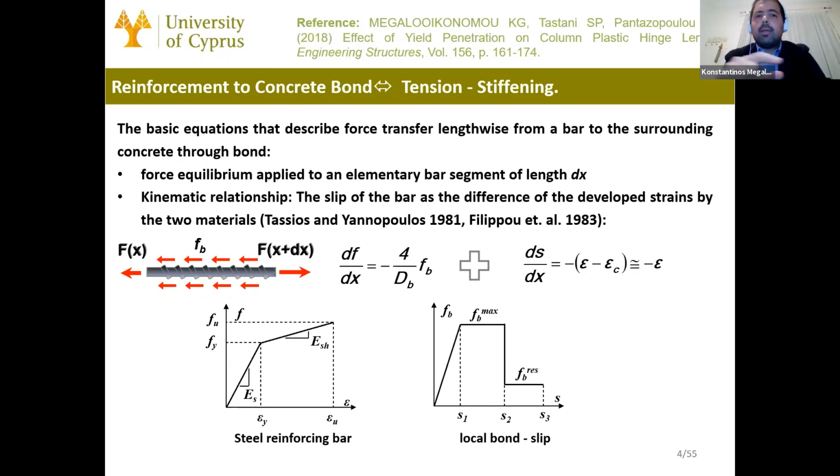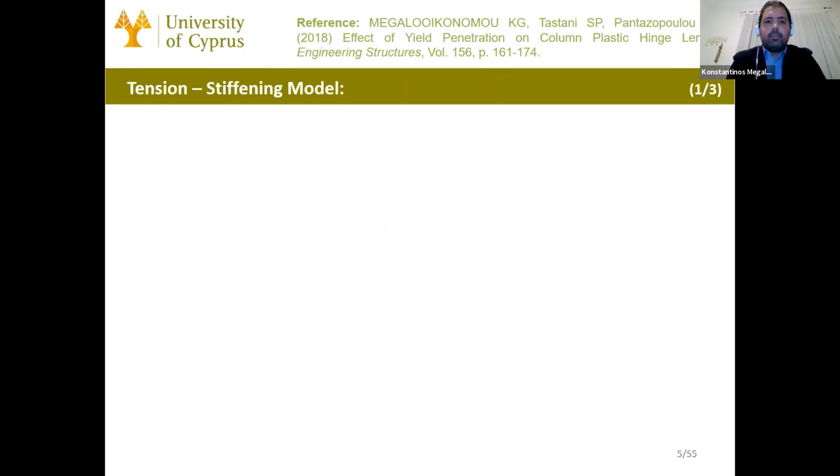So this way of piecewise linear solution is helpful. Why? Because in comparison with the numerical solution, you have a fruitful insight into the design parameters that affect the plastic hinge length and the pull-out of the reinforcement.